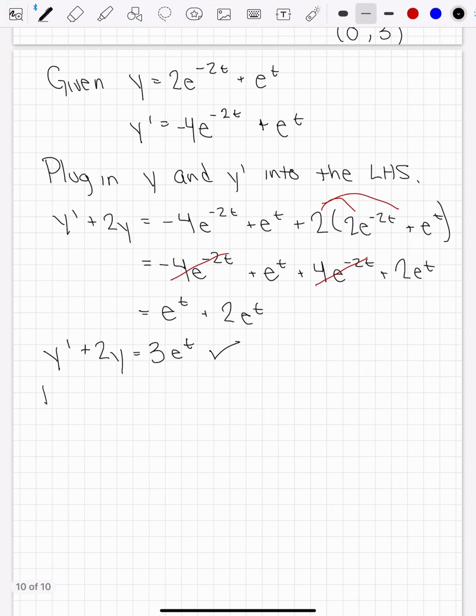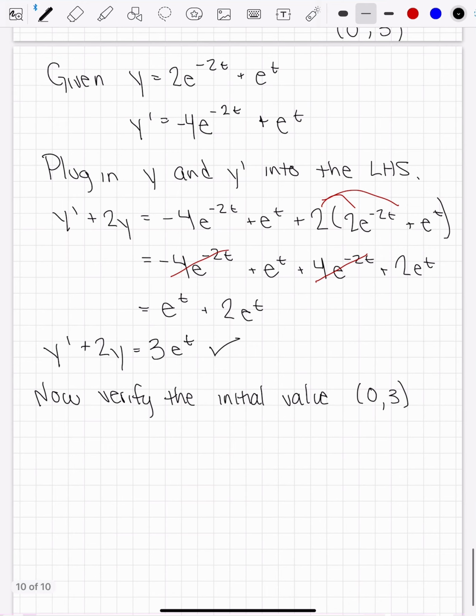And now we need to verify the initial value, which remember we said was the coordinate point (0, 3). If we plug that into our solution, y equals 2e to the -2t plus e^t, we should get that. So we plug in t is 0 and we should get out y is 3. So y is equal to 2e to the -2 times 0 plus e to the 0.